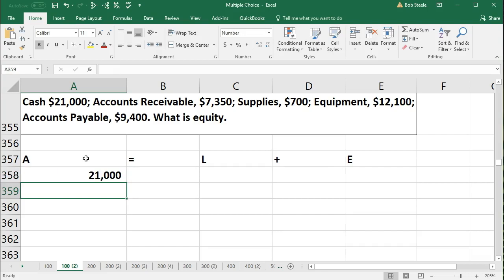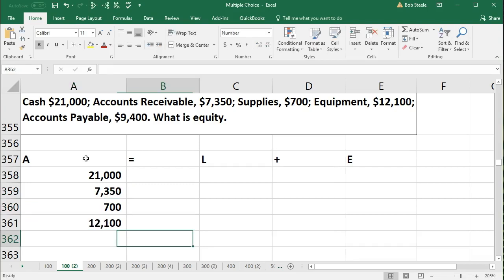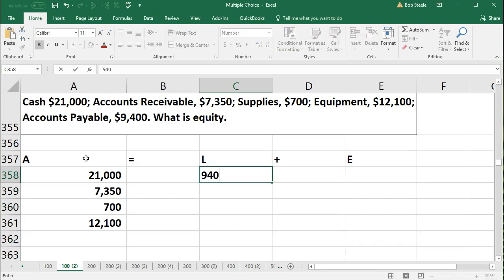Note that we will have to just memorize what type of accounts fall under these categories or have a cheat sheet whenever possible to give that information. Best cheat sheet typically being a trial balance. Then we got 7,350, supplies 700, equipment 12,100. Then we have the liabilities, accounts payable 9,400.